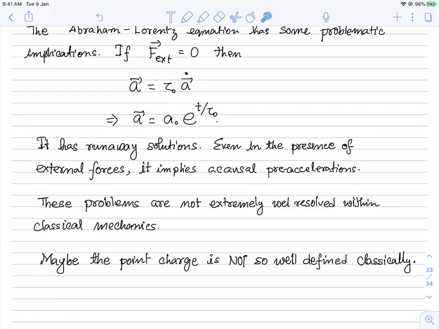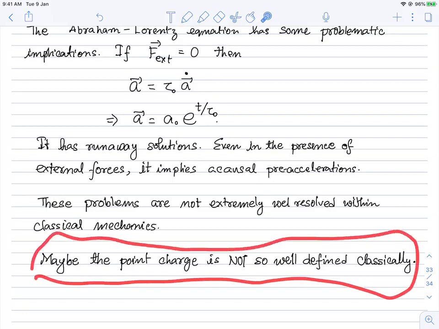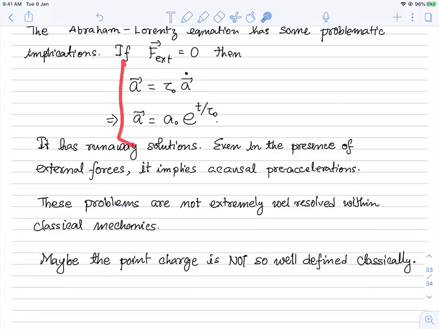But again, to my knowledge, this problem remains a problem. There have been several attempts to understand why this is happening, but the problem is a problem, and therefore maybe the point charge is not a well-defined object classically.